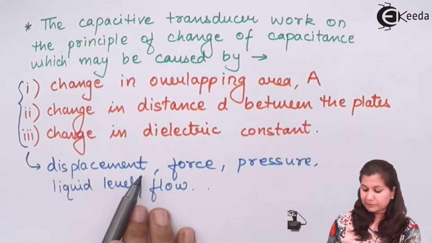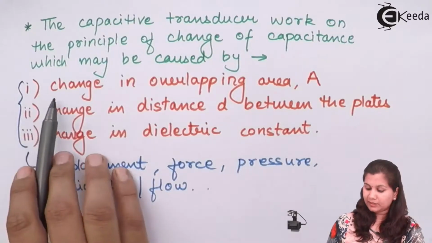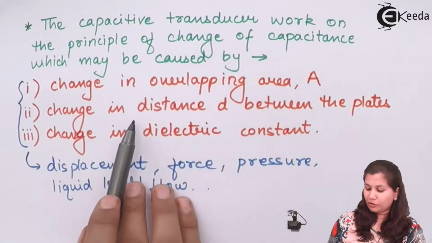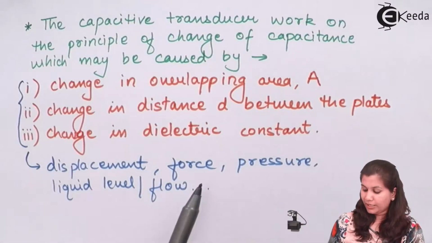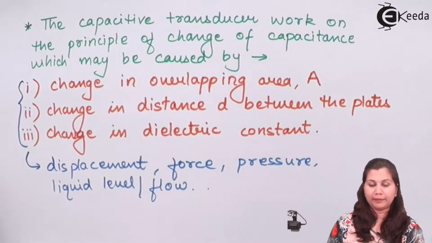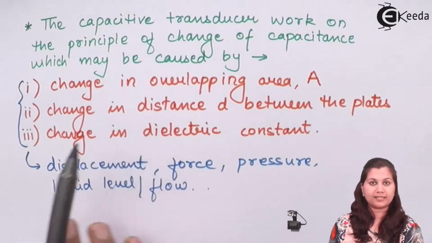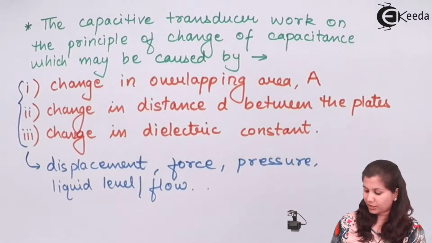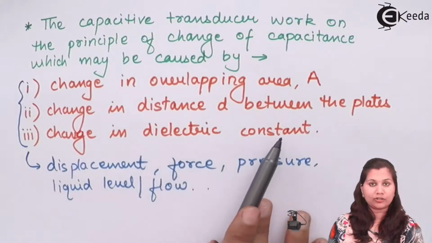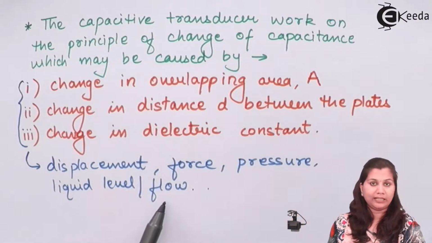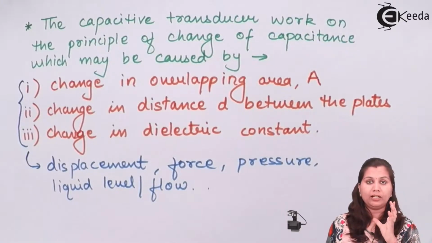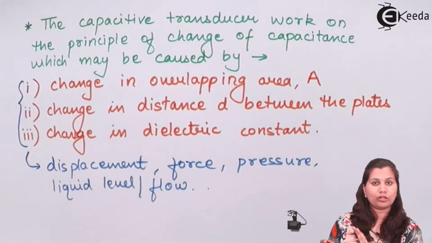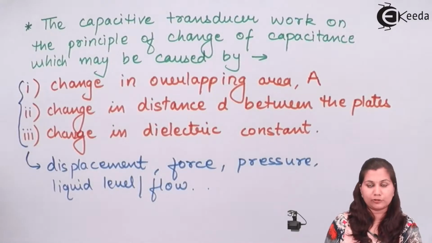So if due to displacement the overlapping area or the distance between the plates is changing, then capacitance will change. If force or pressure is applied to change the area and the distance, then also capacitance is changed. If we change the dielectric constant, like in liquid level measurements or flow measurements, where due to the liquid level or the flow the dielectric constant changes, then capacitance also changes.